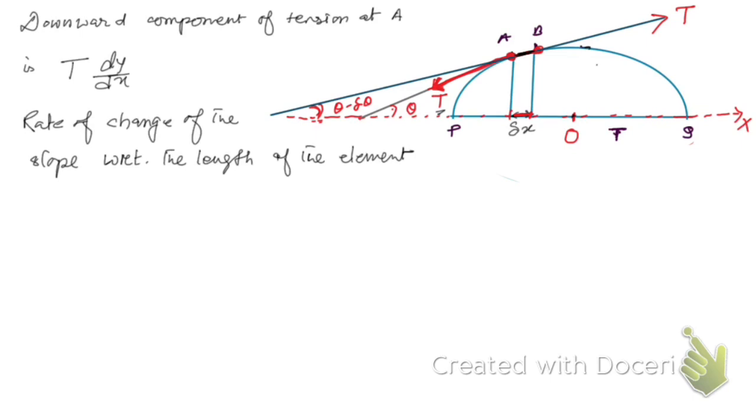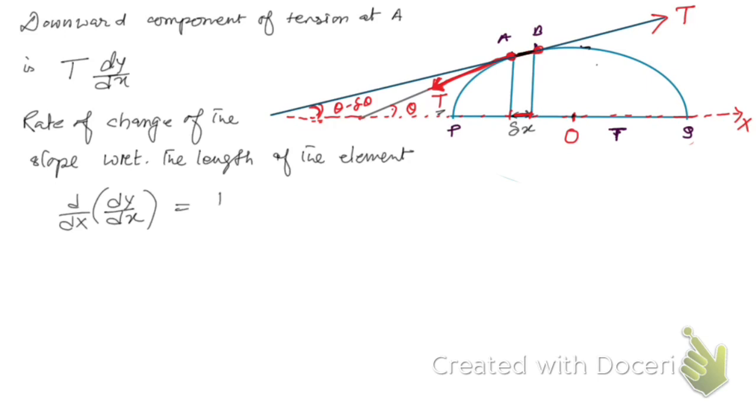Now you see, slope is given by dy by dx, and the rate of change of slope, we know rate of change is given by differentiation, the differential coefficient, and with respect to the length, here we are taking x. This is along the length of this element, right?